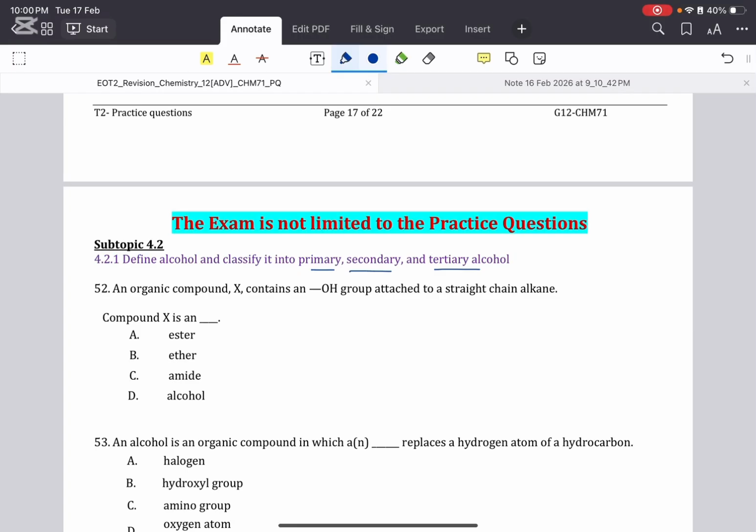And you need to be able to explain the differences in the boiling point of an alkene and alcohol if both have the same number of carbons. And you need to name ethers. You need to define an amine and classify it into primary, secondary, and tertiary, and define the substitution reactions.